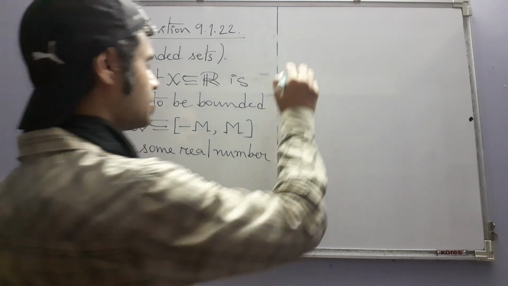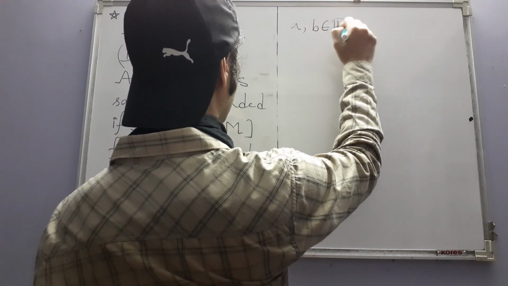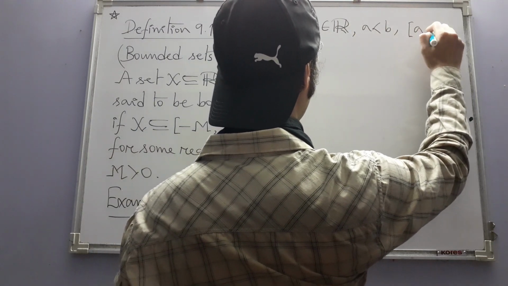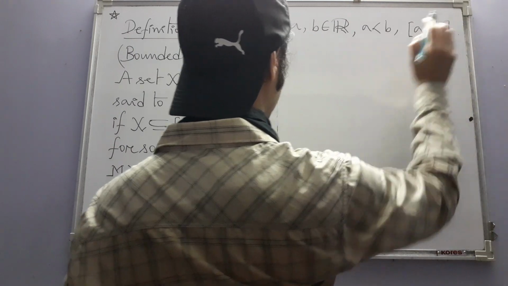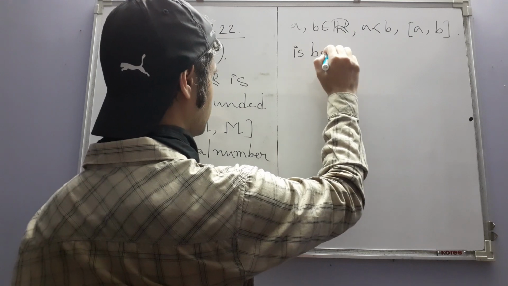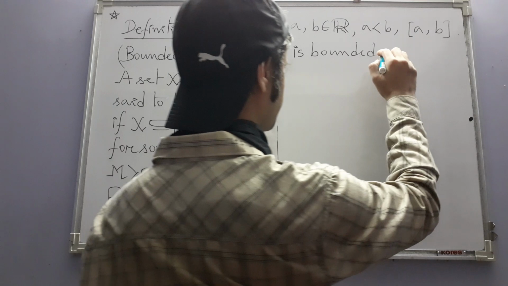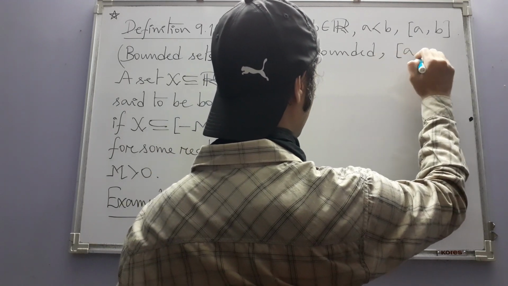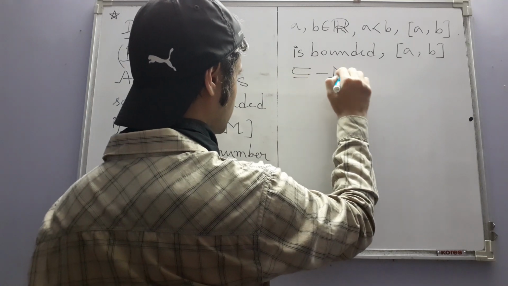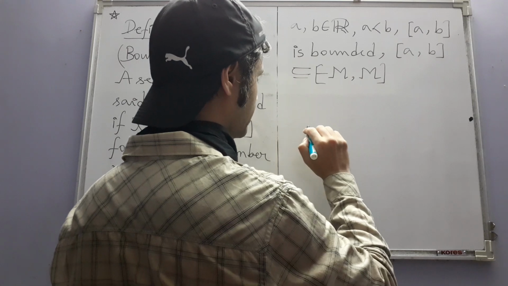So what he says is that if you have two real numbers a and b with a less than b, then the closed interval [a, b] is bounded, because it is contained in such a closed interval.